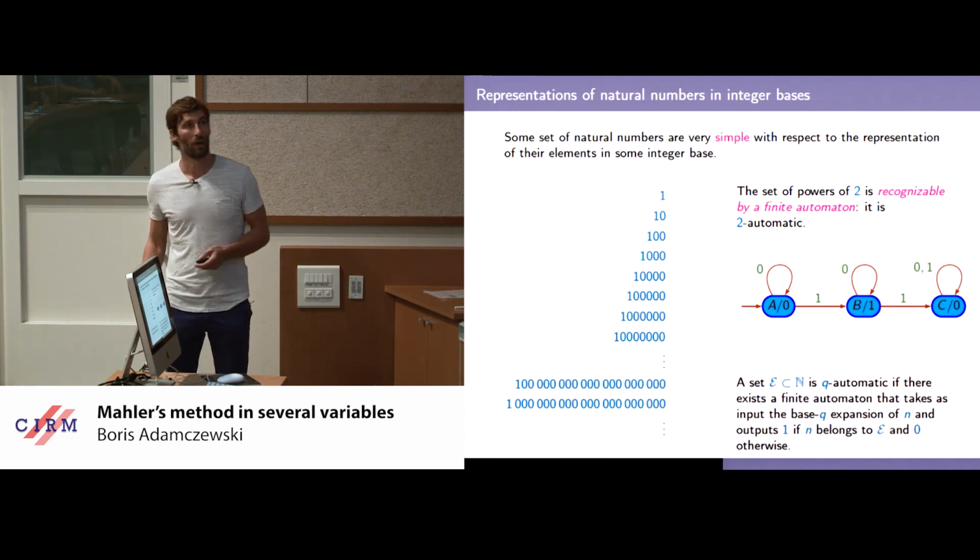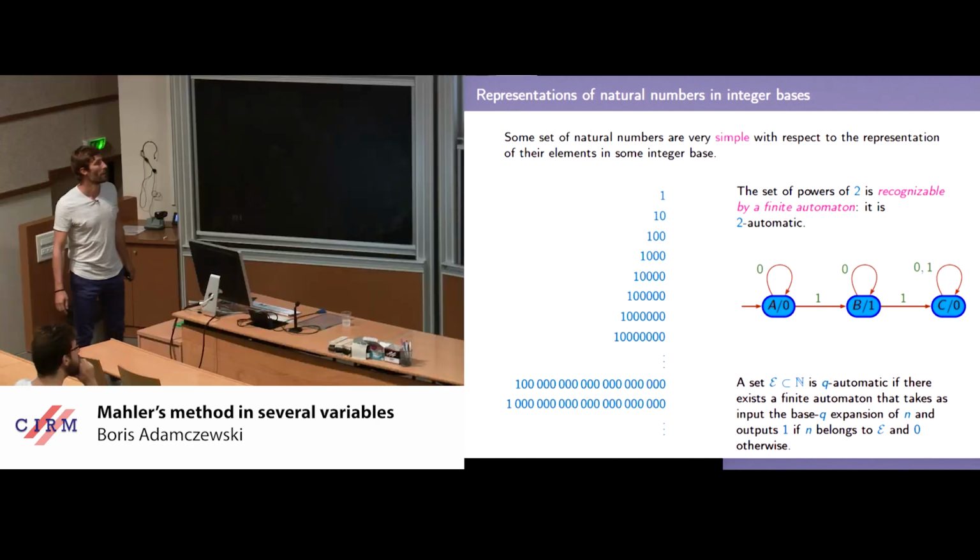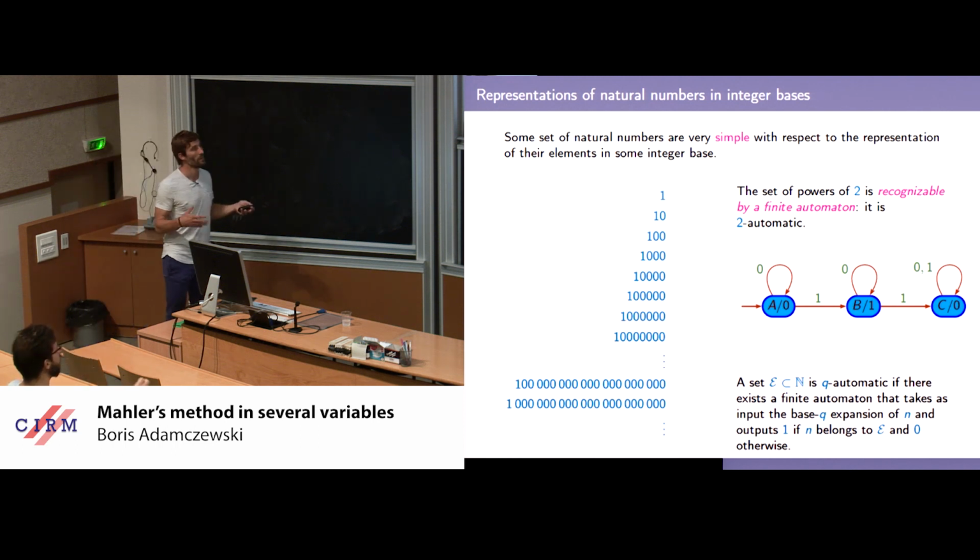I gave an informal definition, but you can as well define what a Q-automatic set is, as long as Q is an integer at least equal to 2. It means that you have such finite state machines that can recognize, among all the integers, those which belong to your set.